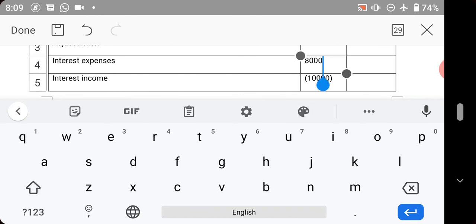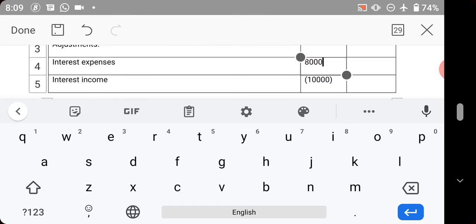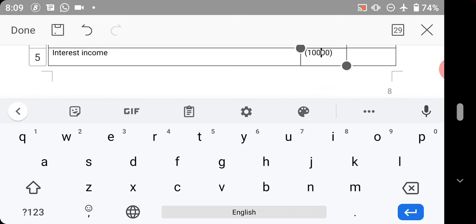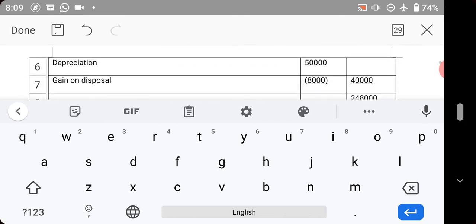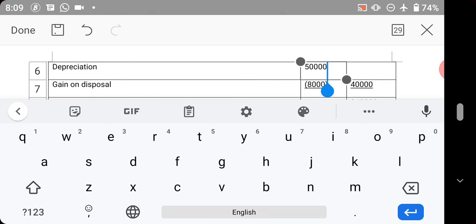You should know that if it is an expense, you add it back. Interest income should be deducted because it is a non-cash item. Depreciation of 50,000 should be added.